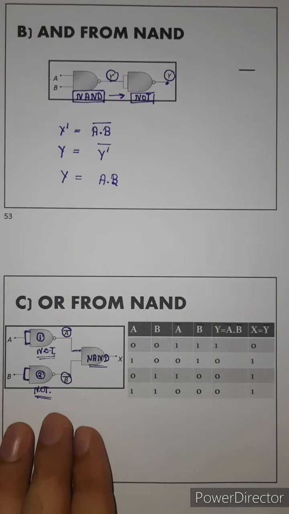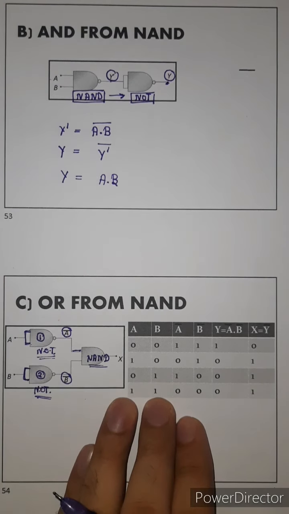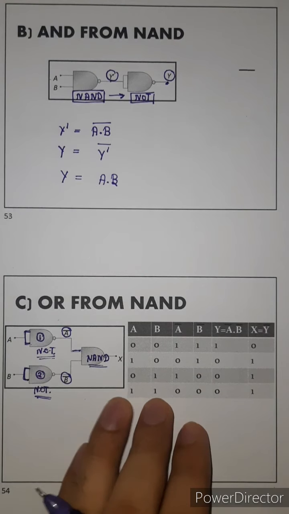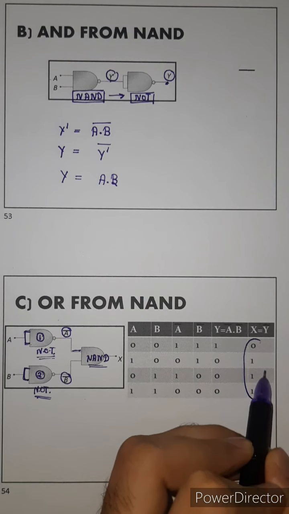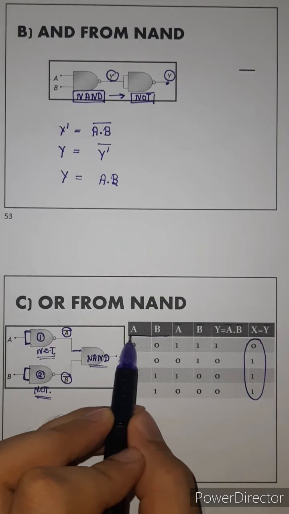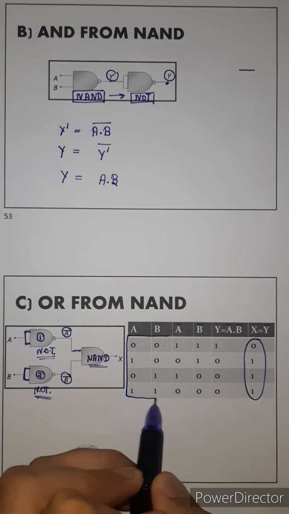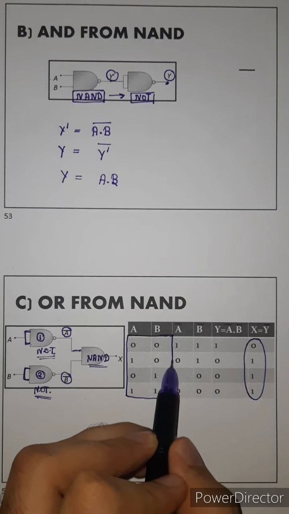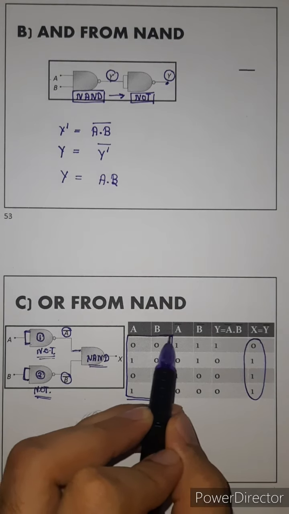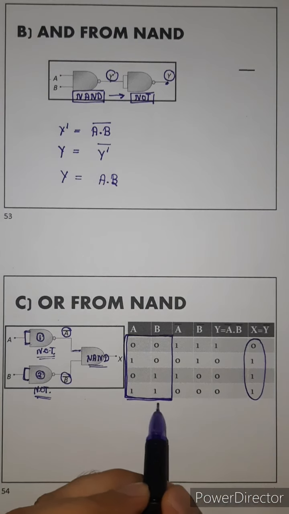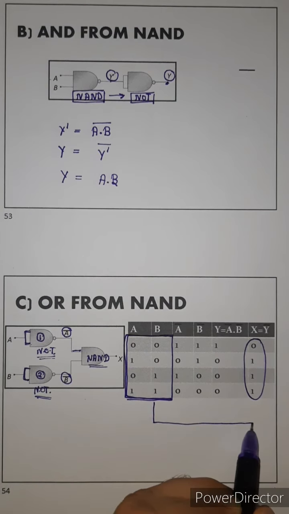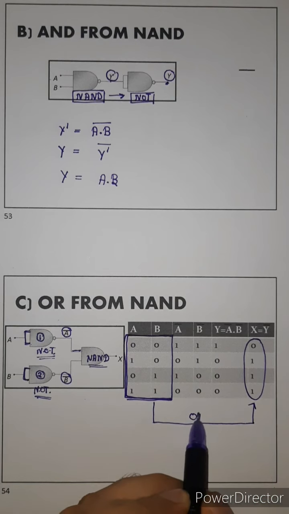Now you can convert this whole scenario into a truth table for easier reference. A and B were our 2 initial inputs, and you can see that our final output Y resembles the output of an OR gate.